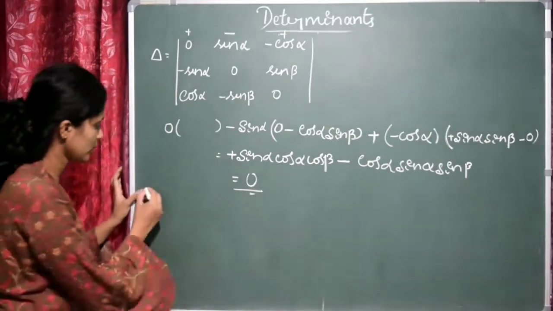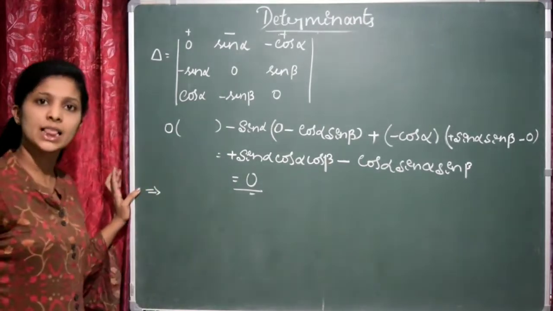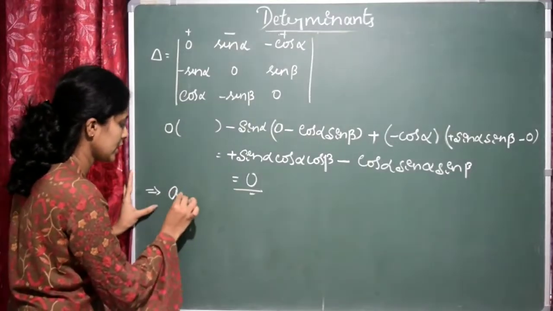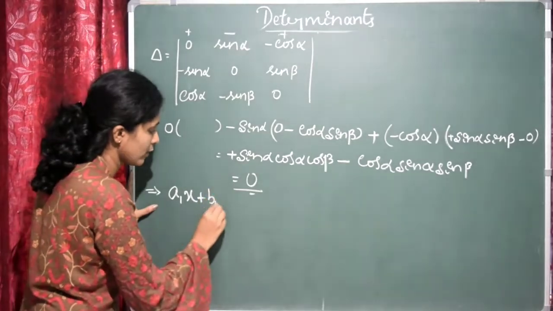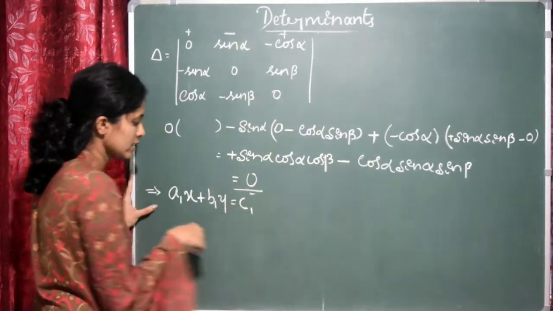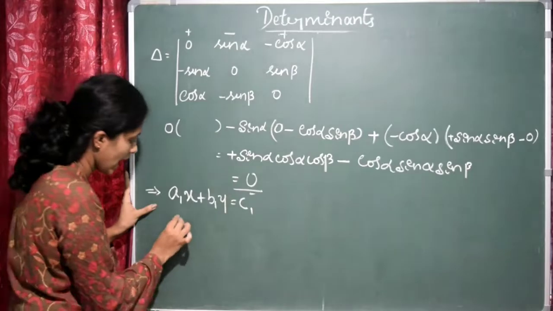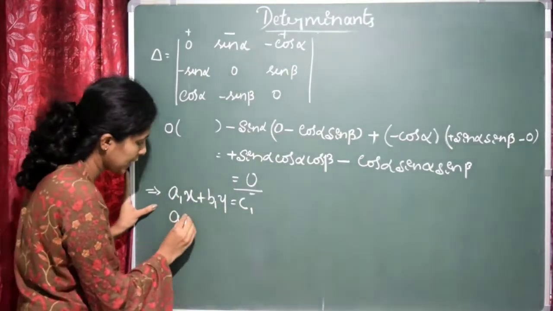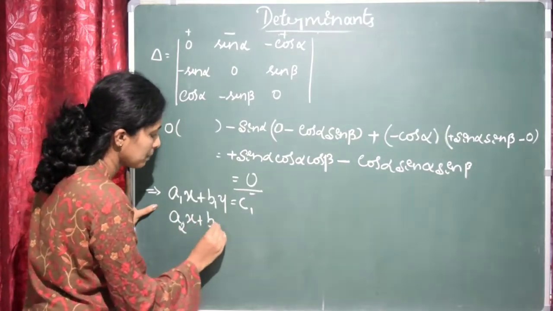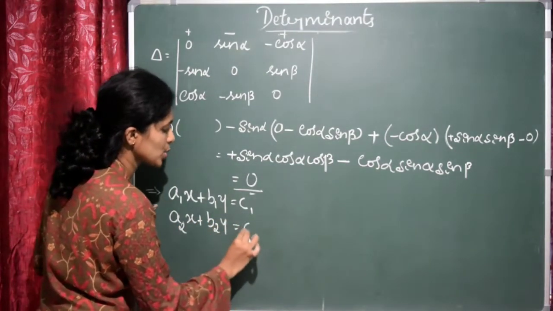And one more thing you have to remember. If I consider linear equations, let me consider the linear equation as a1x plus b1y is equal to c1. This is a linear equation in x and y. And I will consider another in x and y, the variables are the same, a2x plus b2y is equal to c2.